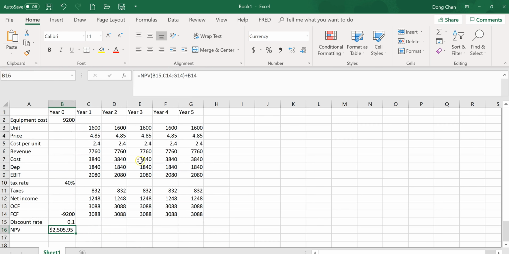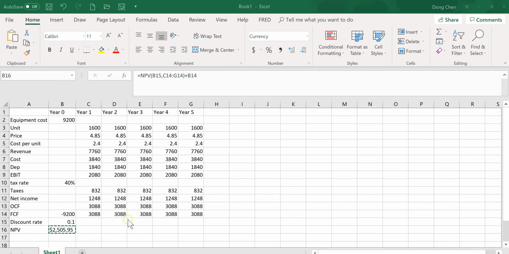And also, using Excel has the advantage of automatically meeting the rounding requirement of not rounding the intermediate calculations, because so far I don't think we have done anything to round the intermediate calculations. So this number should be the final answer.